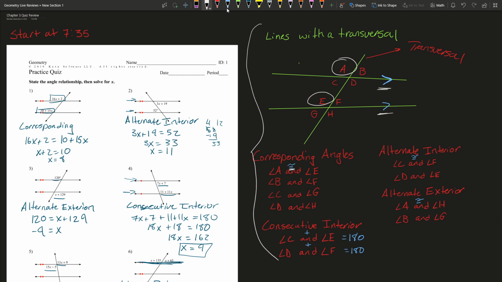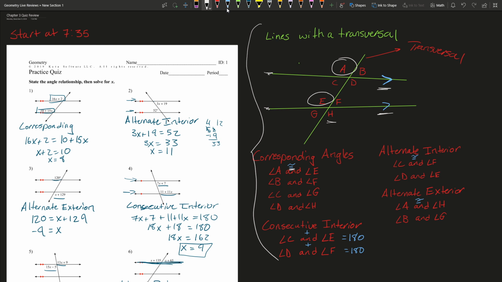So angle A is alternate exterior to angle H. Angle G is alternate exterior to angle B. Okay, and if the two green lines are parallel, then angle A is congruent to angle H, and angle G is congruent to angle B. If we don't know that the lines are parallel, but we do know that the alternate exterior angles are congruent, then the lines are parallel. So those things work both ways.